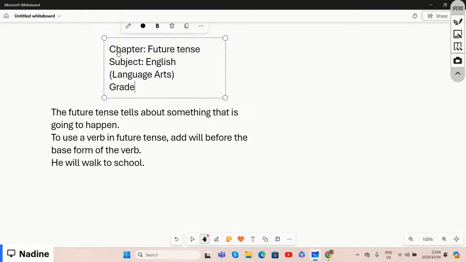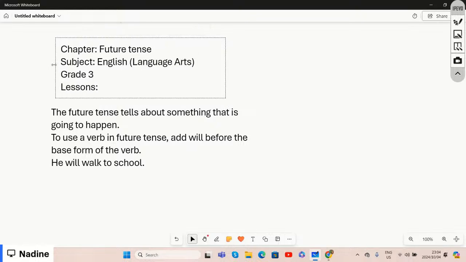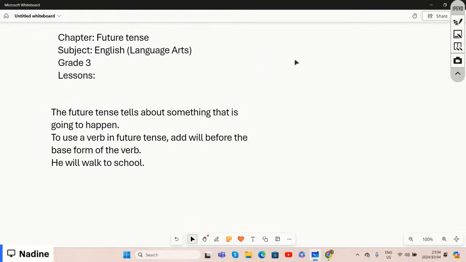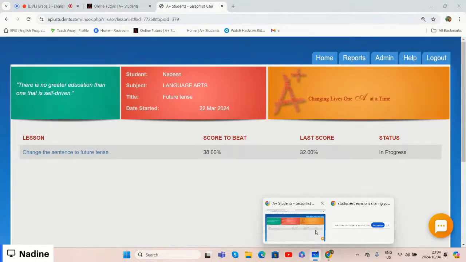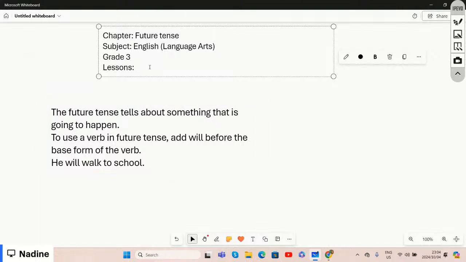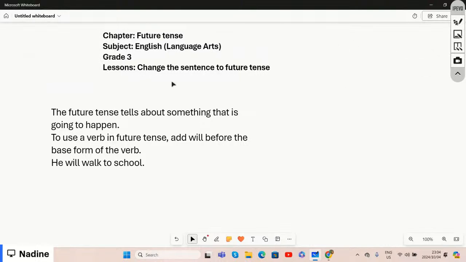We're doing grade 3, and the lesson that we are going to be focusing on under the chapter of future tense is to change the sentence to future tense. So that is our lesson for today. We need to change the sentence to future tense.